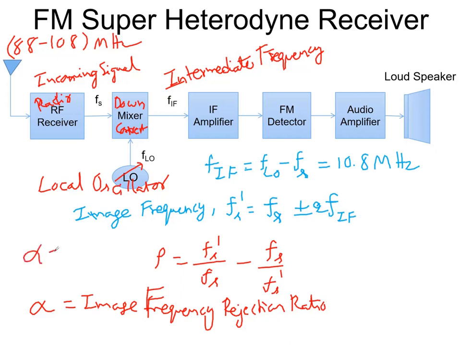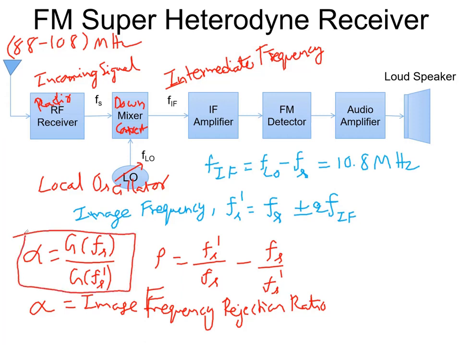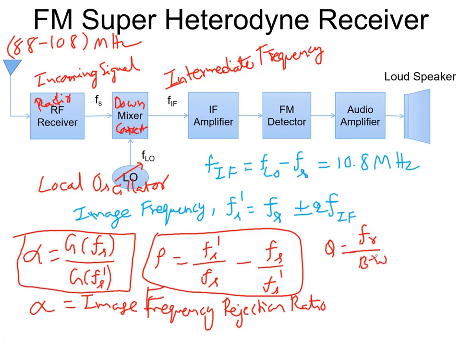Alpha is defined as the gain at the signal frequency to the gain at the image frequency, which is also called IFRR, and this is the rho parameter. Now if you know the quality factor of a circuit, that is the resonant frequency by bandwidth, which may be given in the problem, the quality factor relationship with this.